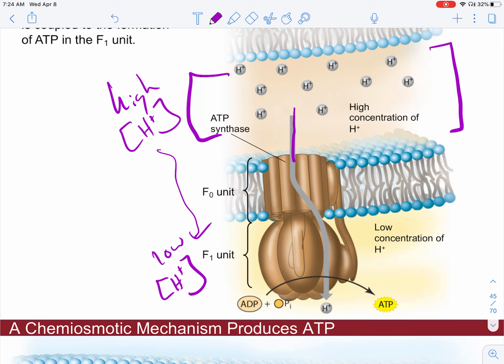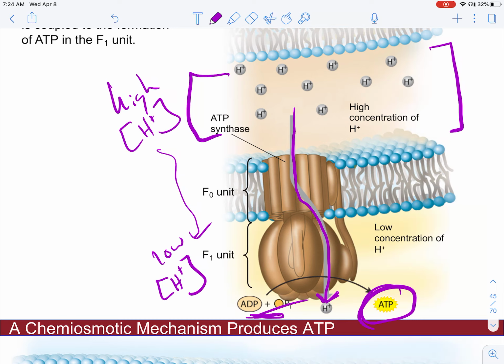The only way they can get through is by going through ATP synthase. Here, ATP synthase utilizes the downward flow of those protons into the matrix and draws off the energy in order to generate ATP from ADP and inorganic phosphate.